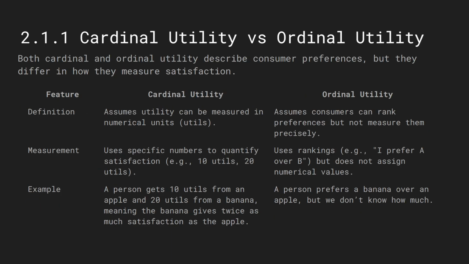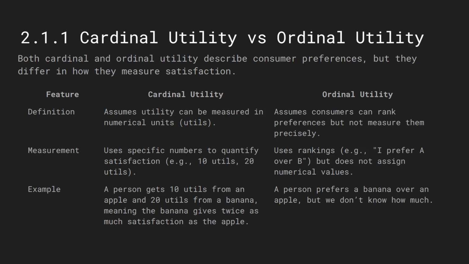Let's look at some differences between cardinal and ordinal utility. Cardinal utility assumes utility can be measured in numerical units, utils. This is a hypothetical unit, we have talked about this before. And ordinal utility assumes consumers can rank preferences but not measure them precisely.